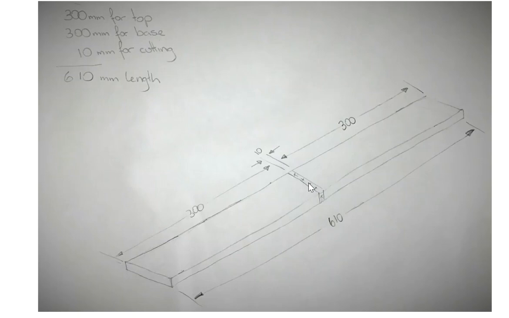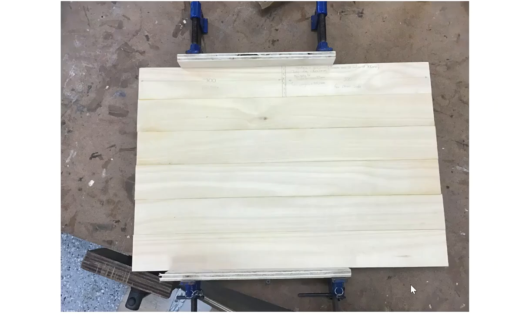So that's why we use the 610, 300 for the top, 300 for the base, and we're going to give ourselves a bit of cutting material. So the blade of the machine that's going to cut that is about 5 mil, but that gives us a little bit of play. So again, you can add 10 mil onto the 300 and the 300, which makes 610. And this is what it should look like.